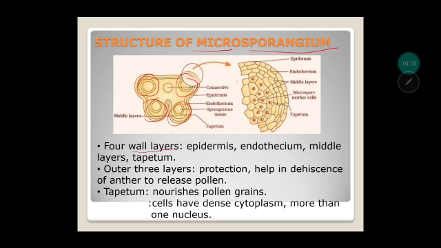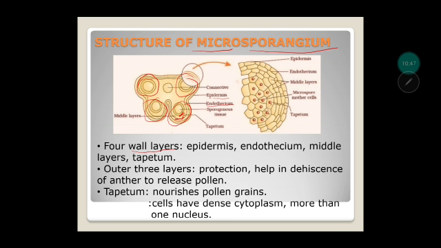If you see, there is the epidermis, which is the outermost layer, and the endothecium, which is inner to the epidermis. Epi means outer, endo means inner. So epidermis is the outermost layer, and the endothecium is inner to the epidermis. Then there is a middle layer, and then the tapetum. The tapetum is the innermost layer.